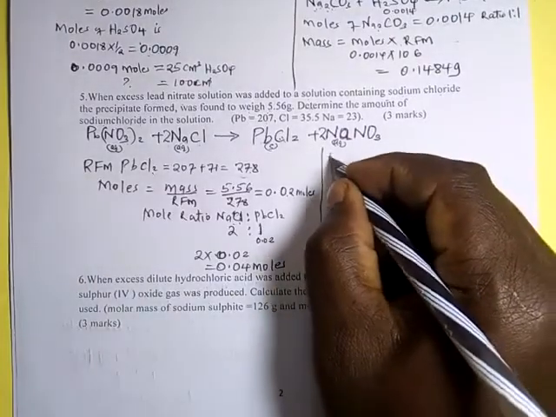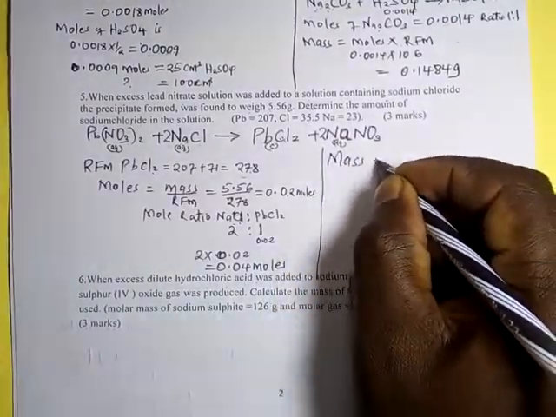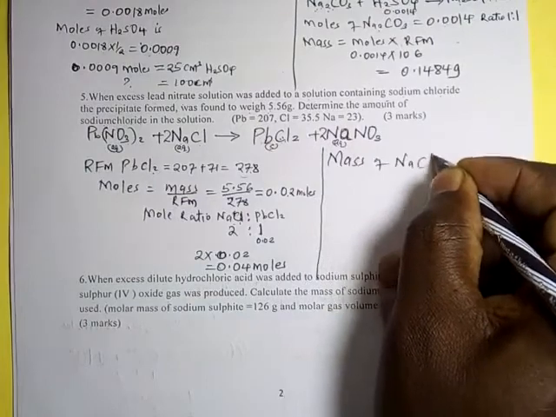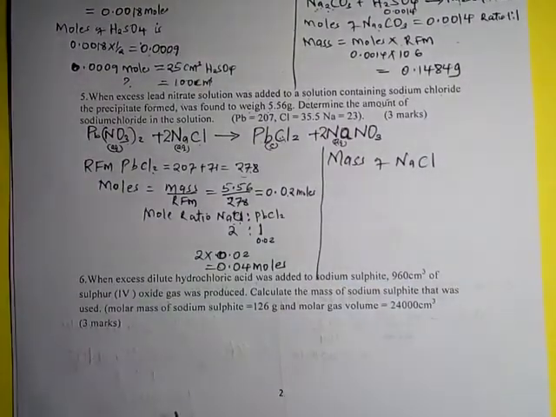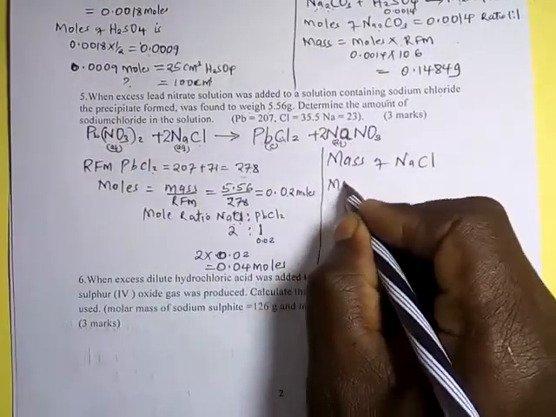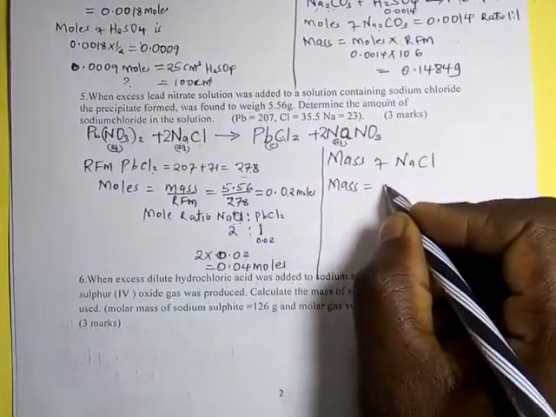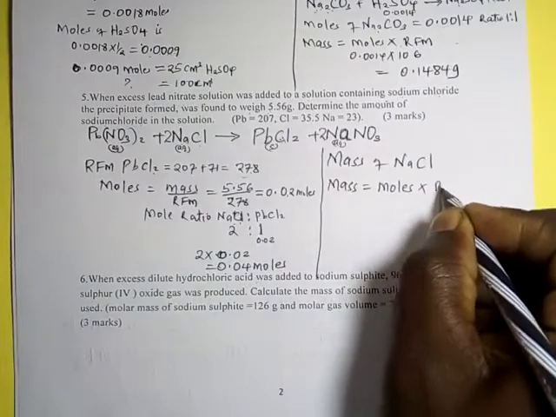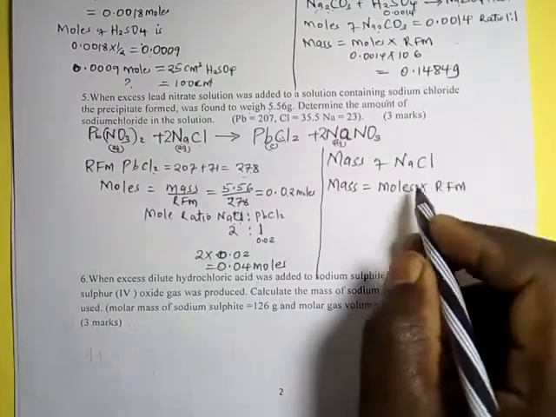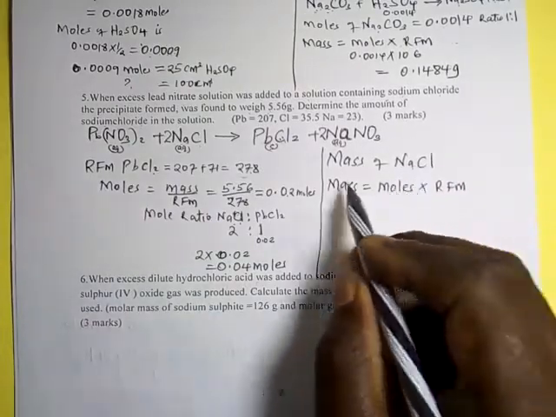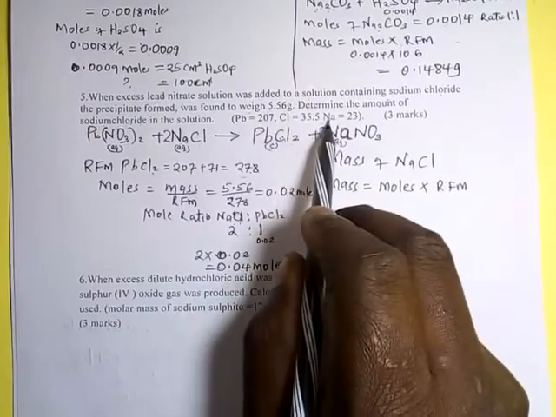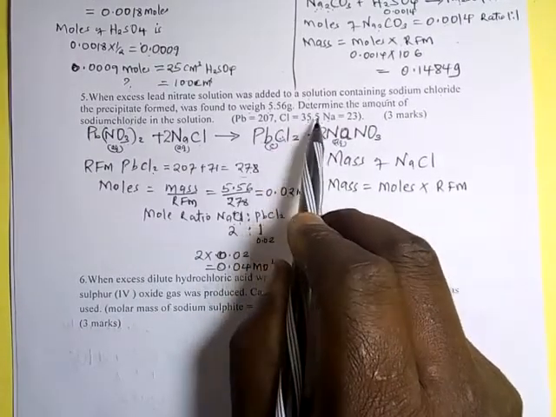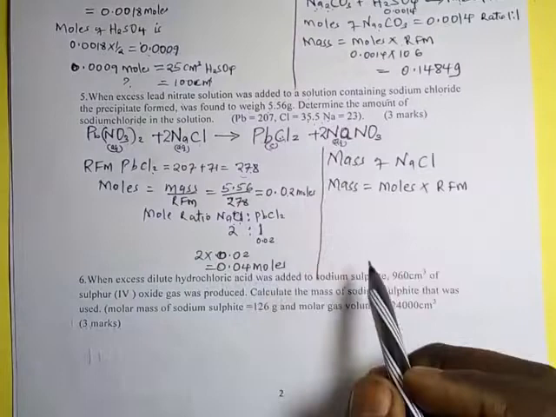Next is to calculate the mass of sodium chloride. How do you get mass? Mass equal to moles times Rfm. So the Rfm of sodium chloride is 35.5 plus 23, which is 58.5.